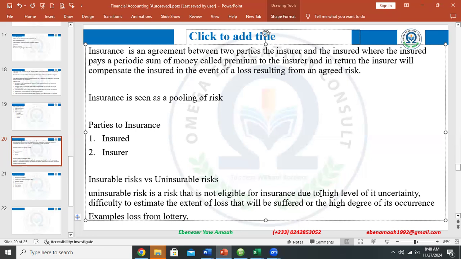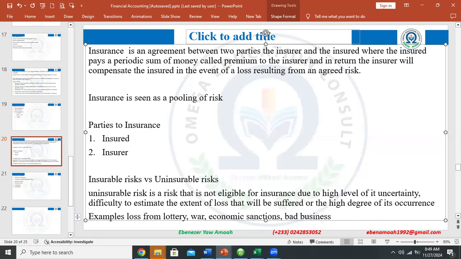Okay, so a loss from a lottery, a risk related with war. You can't insure such risk, and things like economic sanctions. You didn't obey the rules of the country regarding business transactions, and they sanction you. You can't go and insure against that because it's your own doing. And then bad business decisions.